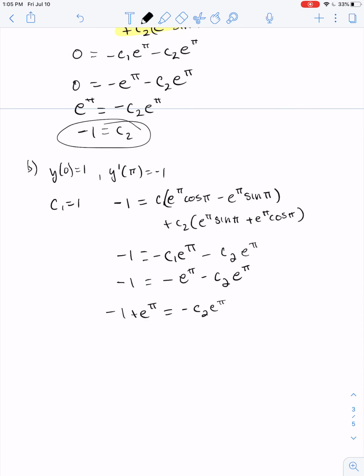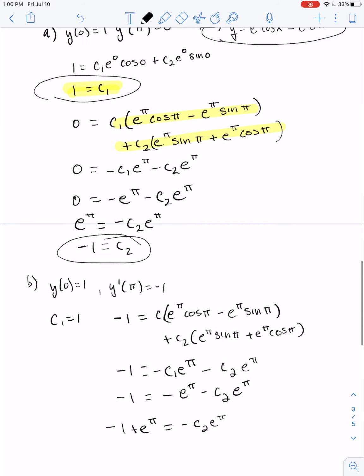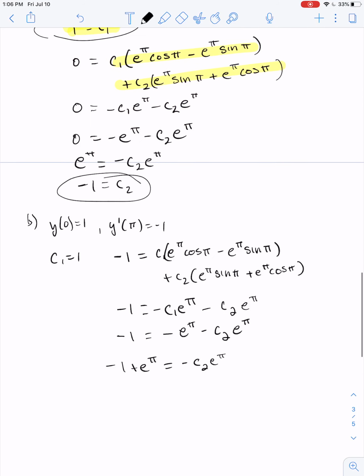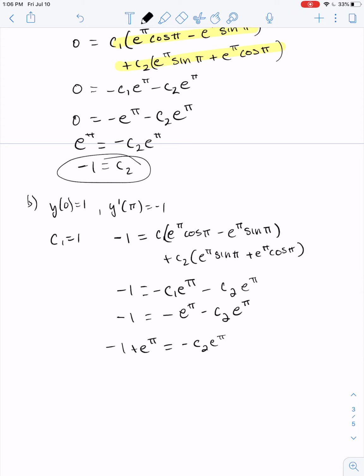We would divide both sides by negative e to the pi, so I get e to the negative pi minus 1 equals C2. So this solution is okay.